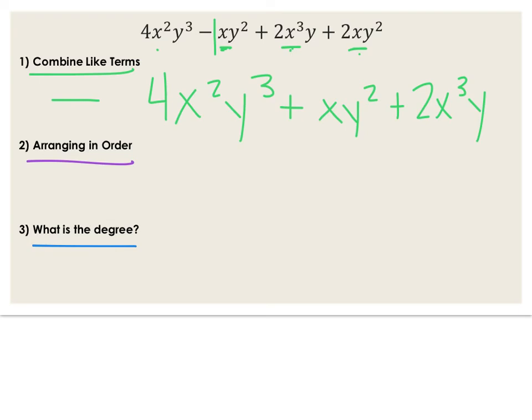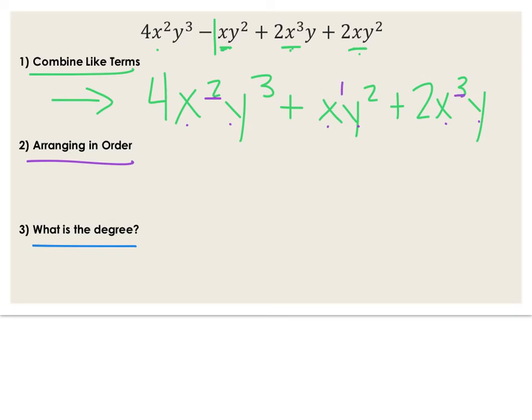Once we have combined our like terms, we got to make sure it's in order. And how you make sure it's in order is first, the variables are always going to be arranged alphabetically. So that's why they have x, then y, x, then y, x, then y. So I want to look at the exponent that goes with my x. Whichever has the biggest exponent needs to be written first. This one's got a 2, he's got a secret 1, he's got a 3.